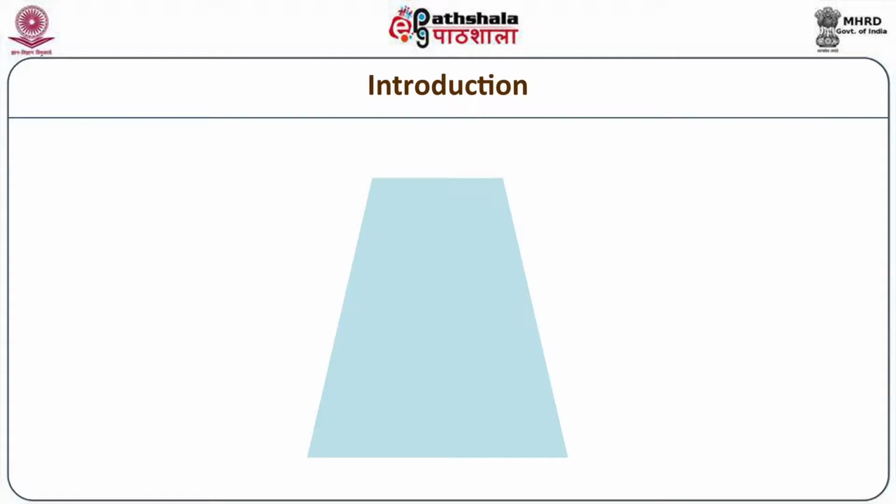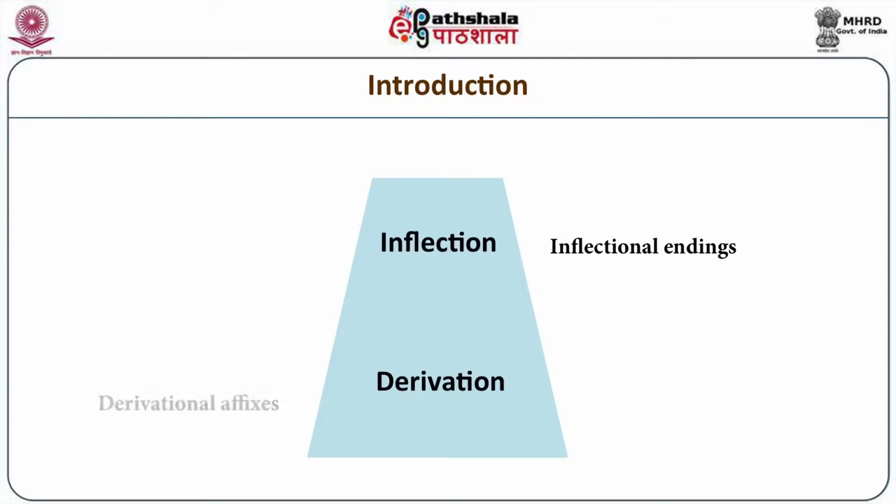In the recent modules, we have introduced two crucial concepts, inflection and derivation, and told you that there are inflectional endings and derivational affixes. There are two kinds of affixes. In the item and arrangement approach, the morpheme theory, these things are all regarded as being on the same footing.